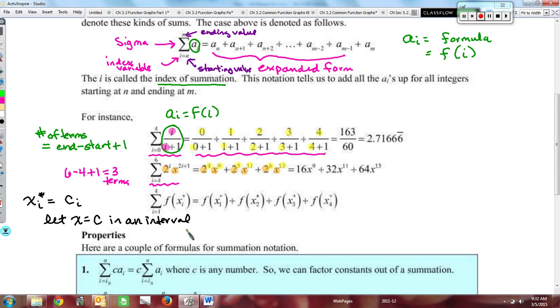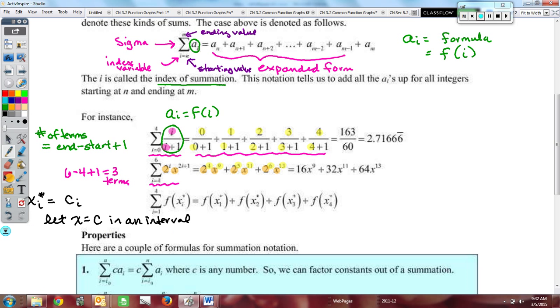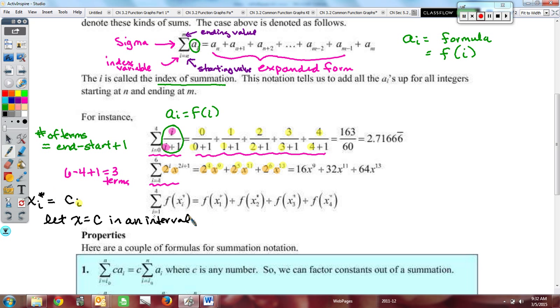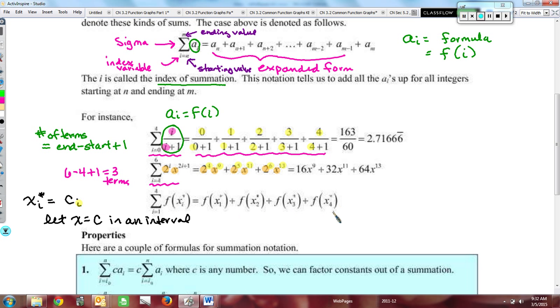A lot of our problems, we're trying to find the derivative at x equal to c. We're trying to estimate how fast we're going at x equal to c. So c is the notation we've been using in calculus to identify a value that we are choosing. And what we're going to do is change that to talk about the value c sub I. So we're going to choose x values from a certain interval, and I'm going to rename these as c sub I.